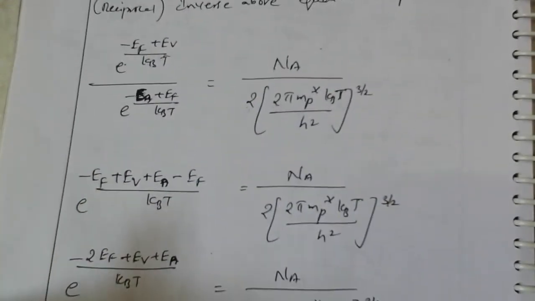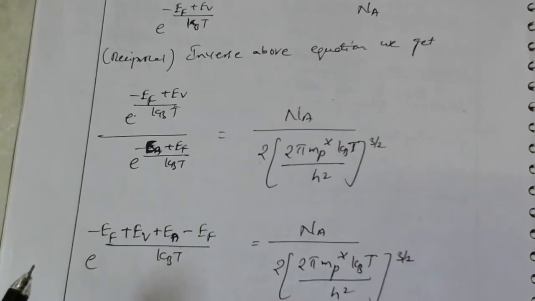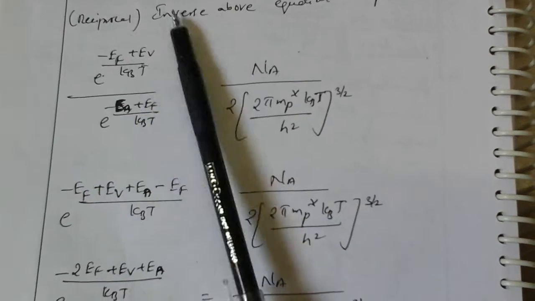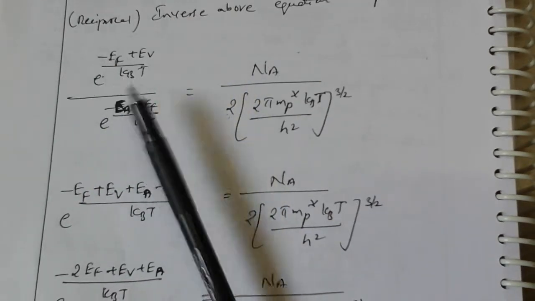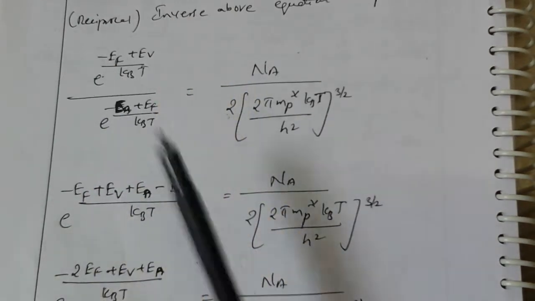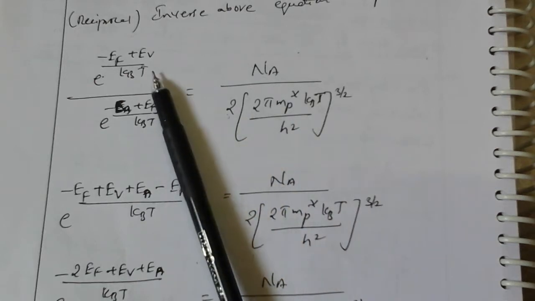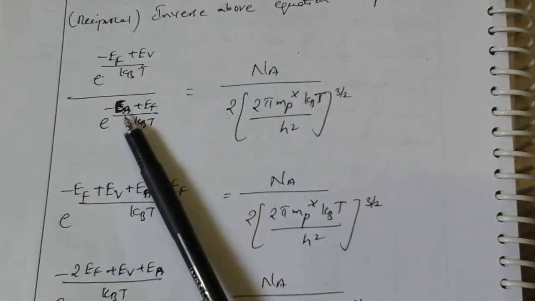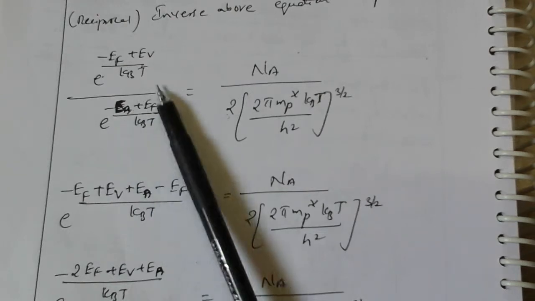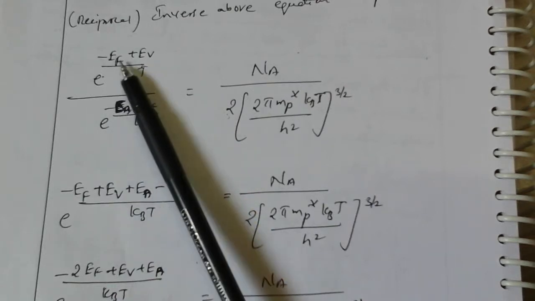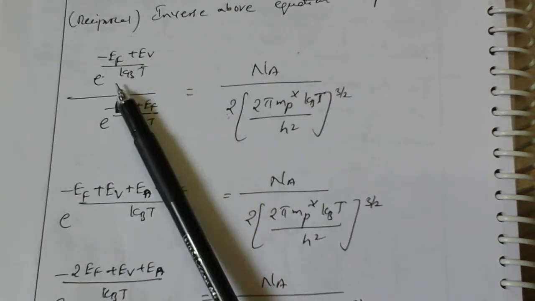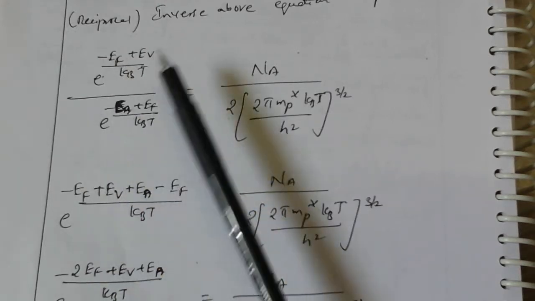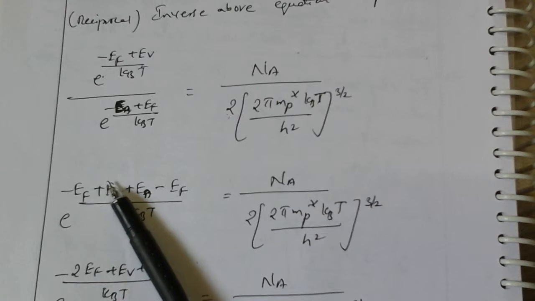Now, further simplification. We got the same values right now. From here to here, it is also having kBT, it is also having kBT. If you bring it to the numerator, it becomes plus, it becomes minus. So first we write e power of (Ef minus Ev) by kBT, e power of minus Ef minus Ev.